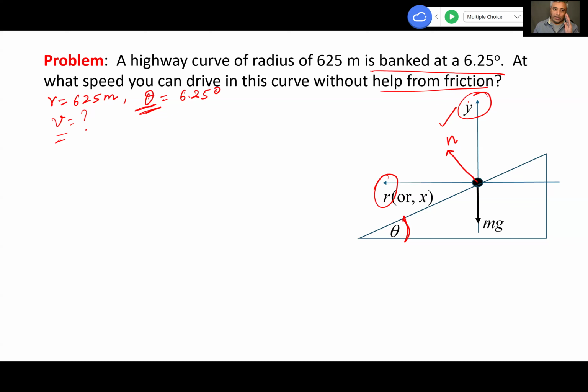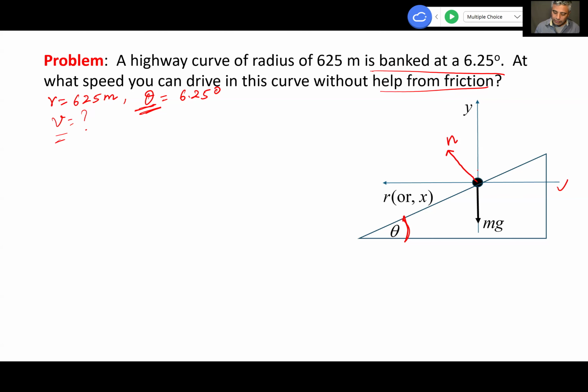Whenever we have a force that's not pointing along our choice of axis, we need to find the components of that so that we can write the equation. So we need to find the component of N in this case, not mg. mg is right along the vertical axis of our choice.